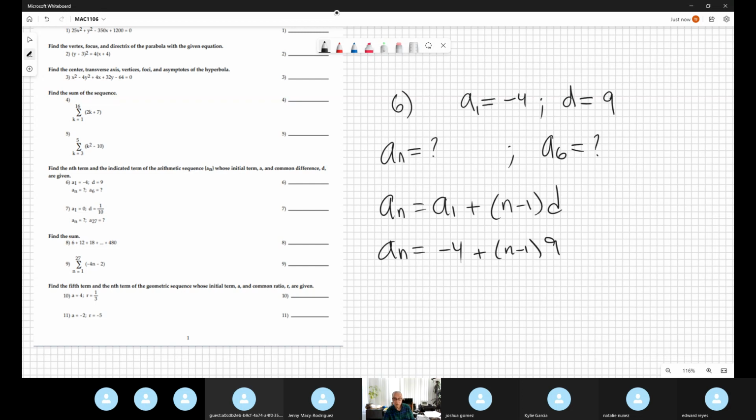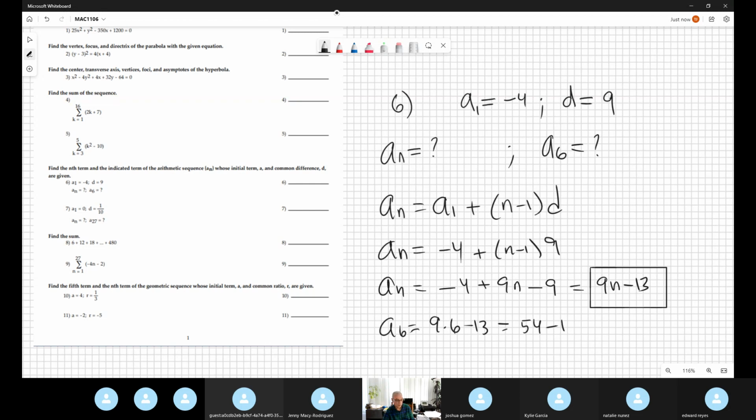You apply the distributive property, so we have A sub n is equal to -4 plus 9n minus 9, which is 9n minus 13. This is the formula for any n. Specifically for 6, plug it in. It's 9 times 6 minus 13. 9 times 6 is 54, and 54 minus 13 is 41.